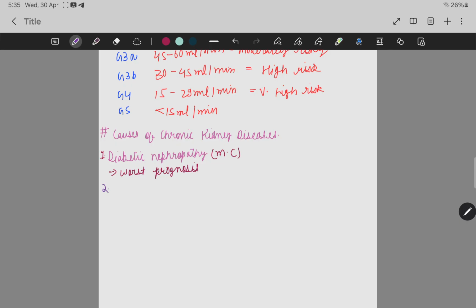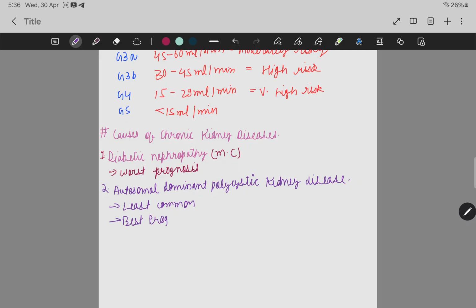Second, autosomal dominant polycystic kidney disease, which is the least common cause, but it has the best prognosis.